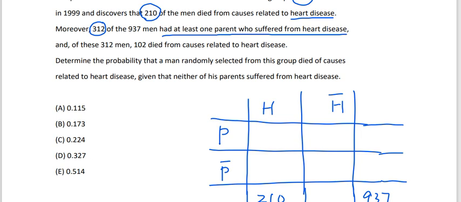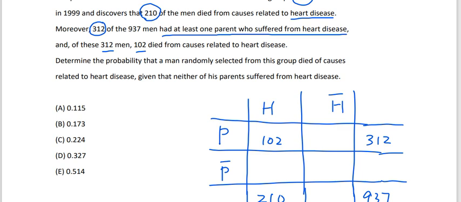So for parents, we put 312 here. And of those 312, 1 or 2 died from heart disease. So we put 1 or 2 here, cause of heart disease.